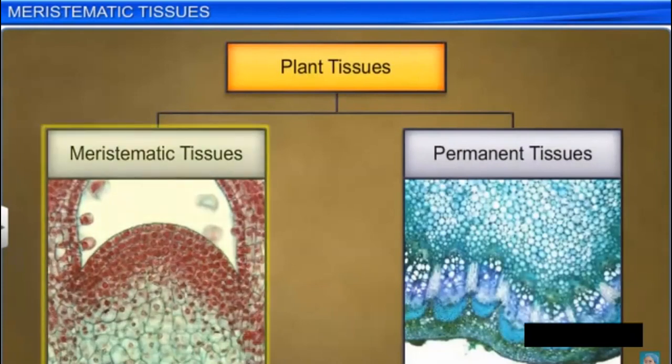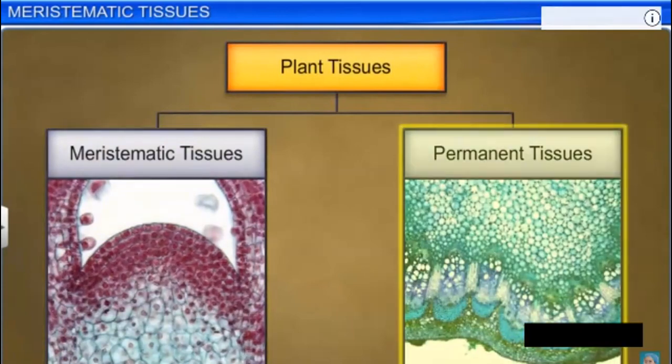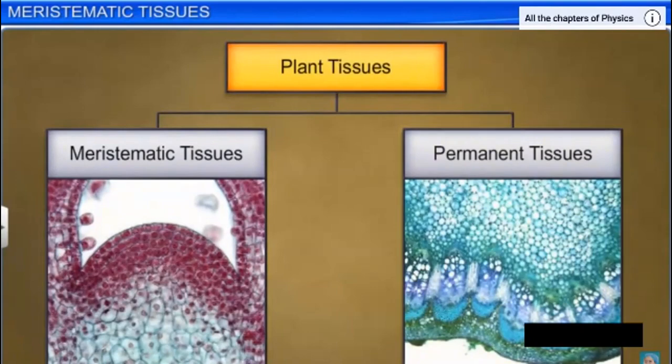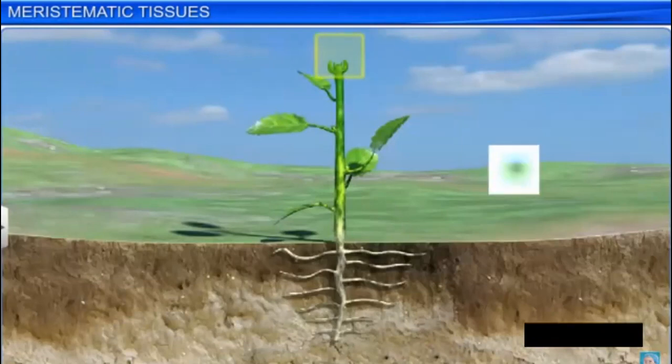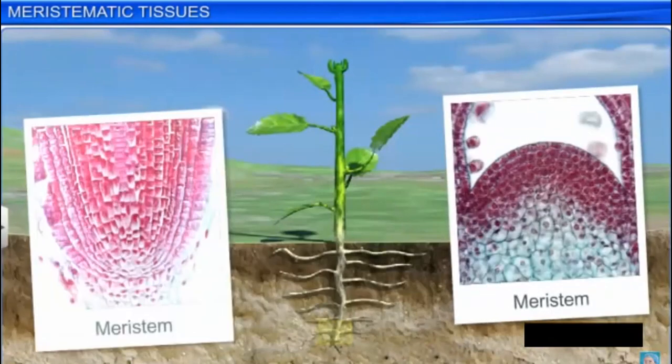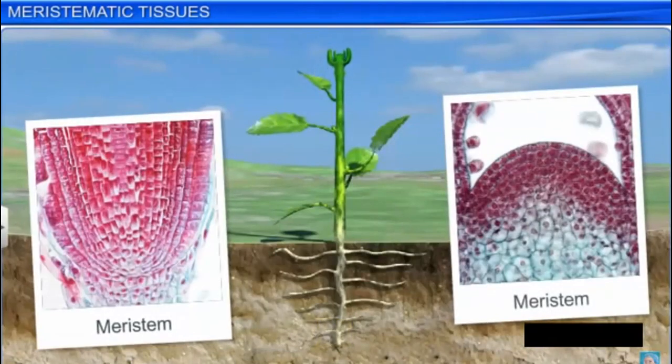Meristematic tissues undergo active cell division, while the permanent tissues do not undergo any division. The word meristem has been derived from the Greek word meris, which means division. The specialized region in plants where meristematic tissues are present is known as the meristem.